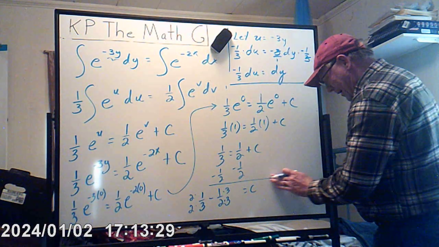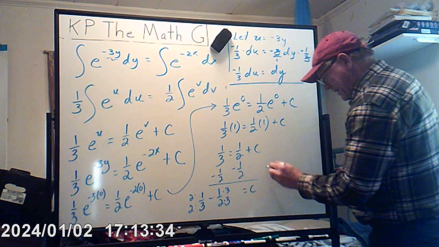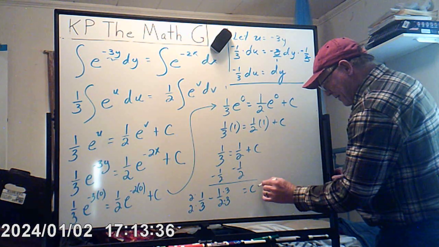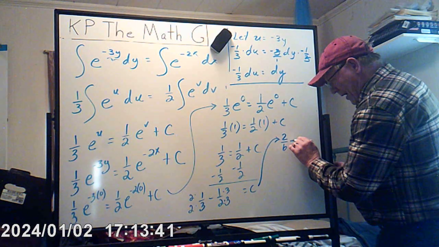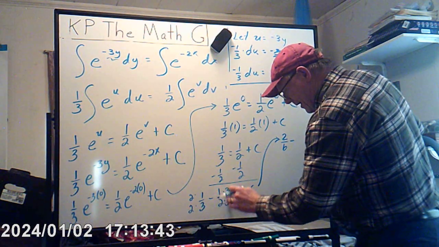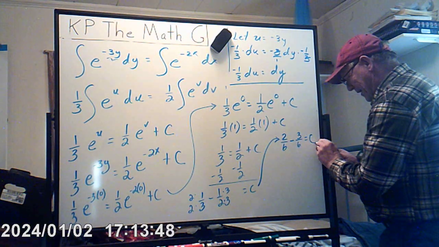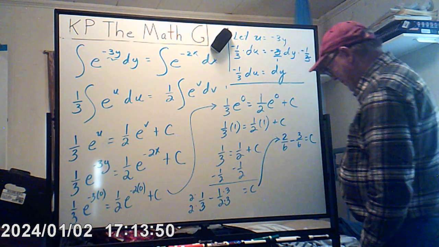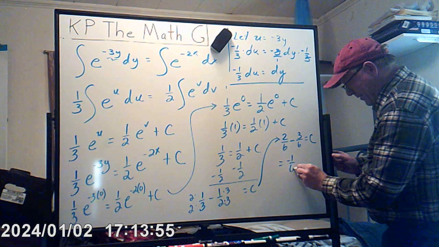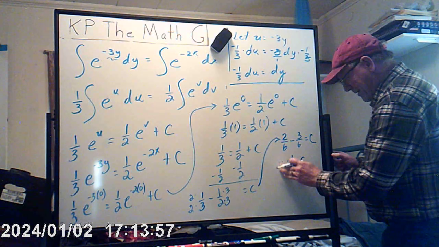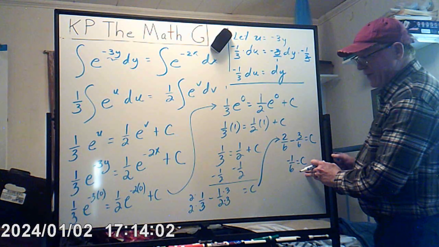So this is 2 over 6 minus 3 over 6 is equal to c. And of course that's equal to negative 1 over 6, which is c. So negative 1 over 6 is equal to c.